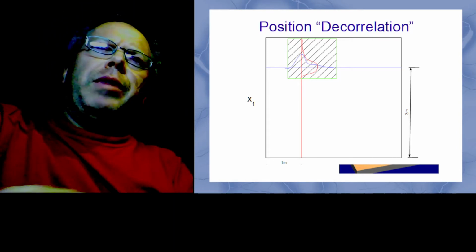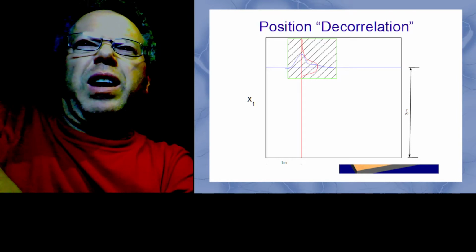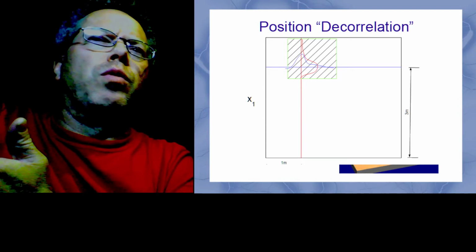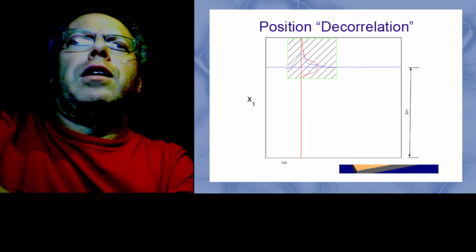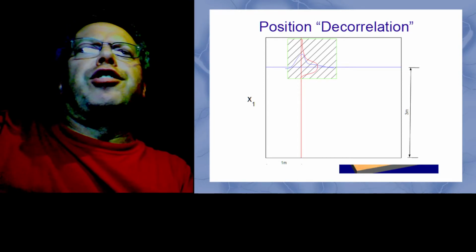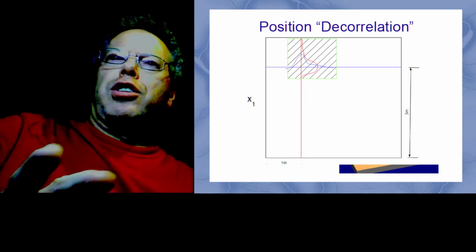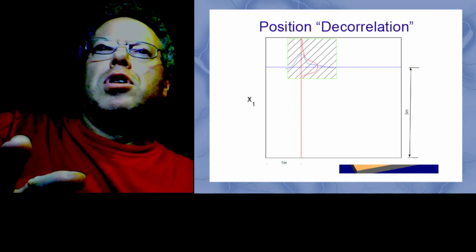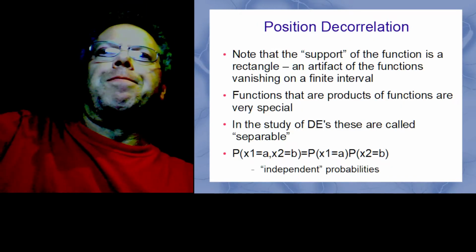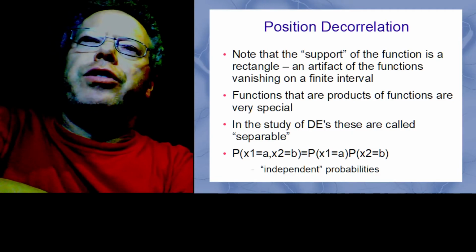And it's more than that. The property of being a product function is very specific. I could have non-product functions that had support of a rectangle. But then I could do the same thing: I could evolve these wave functions in each separate direction as though nothing special was going on. As I said, the support of the functions is a rectangle.